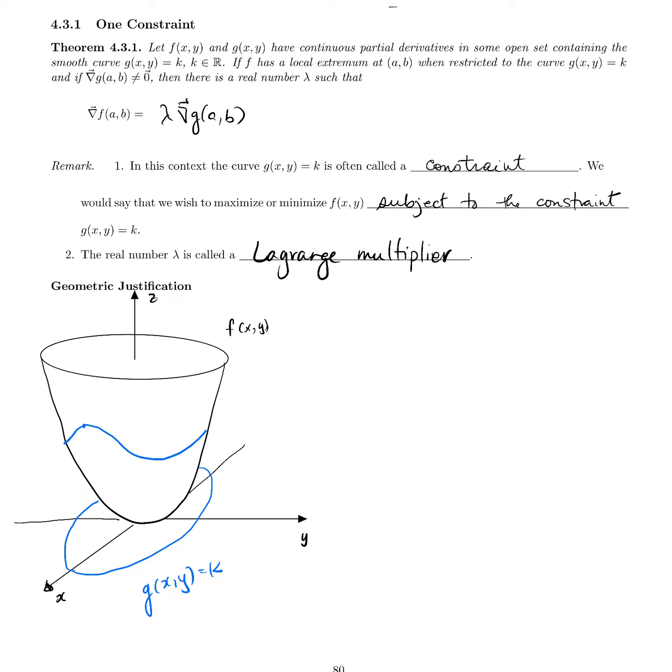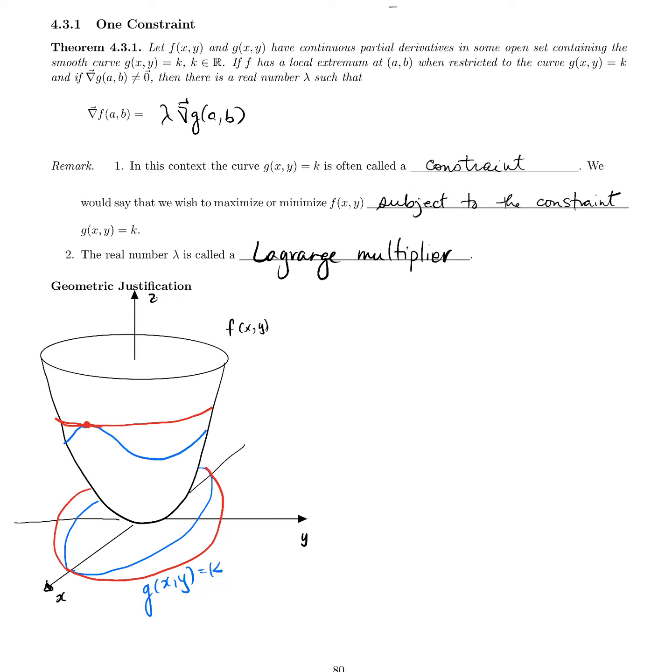Now the way I've drawn it, we have a couple of extrema here. Let's look at this one. This extreme value is on a level curve of f as well. So there's a level curve of f that the extreme value is on, and we can imagine projecting that level curve of f down onto the xy plane as well.